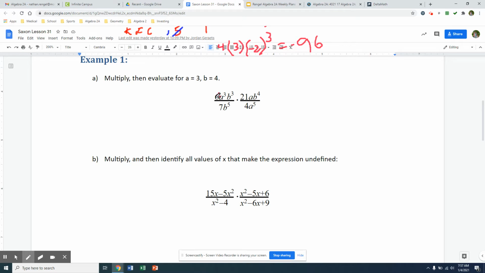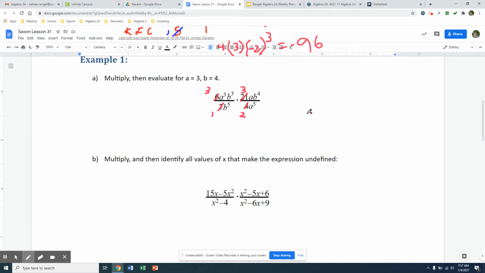You see you have a 6 here, and then you have a 4 here. Since those are both even, they're both divisible by 2. So we're going to simplify those to 3 and 2. And then you have a 21, which is divisible by 7. And then you also have a 7, which is divisible by 7. So that would become a 3 and a 1.